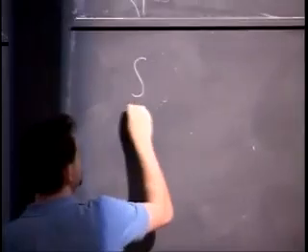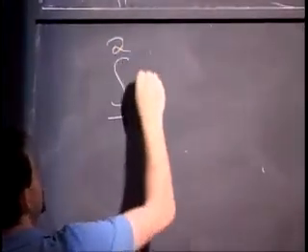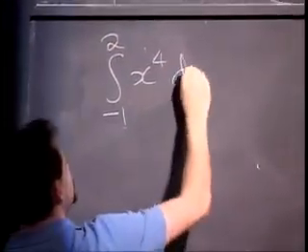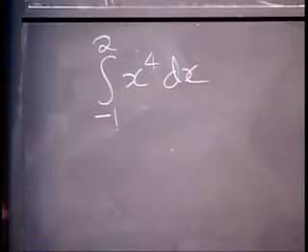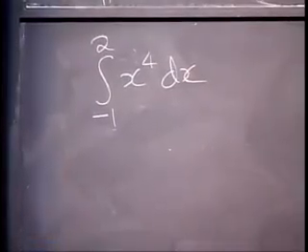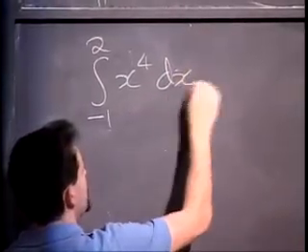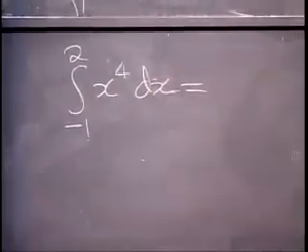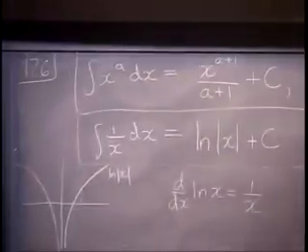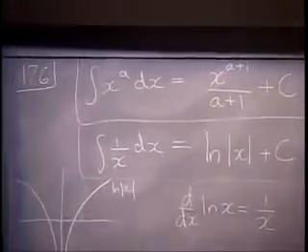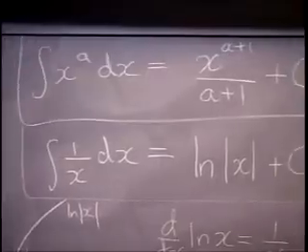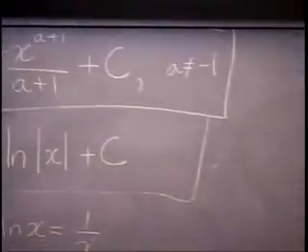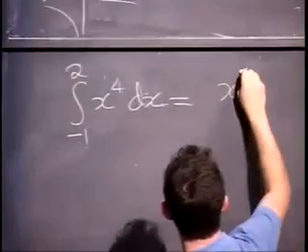Consider this: the integral from minus 1 to 2 of x to the 4th dx. Very simple example, but it contains a slight trap for the unwary. All you do is use the formula right at the top of this board, with a equal to 4. We take the antiderivative, x to the 5 over 5.